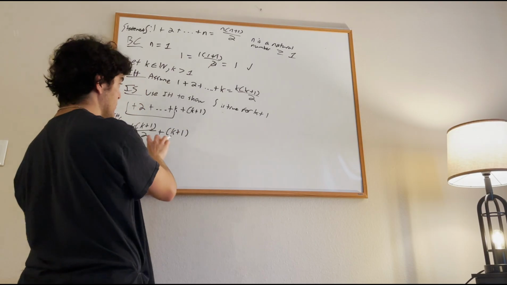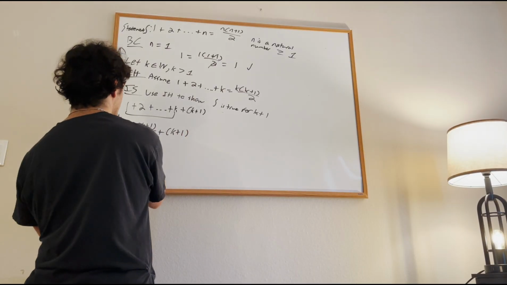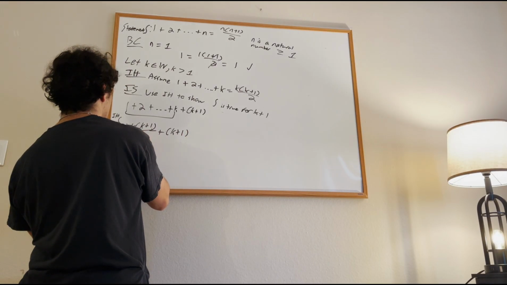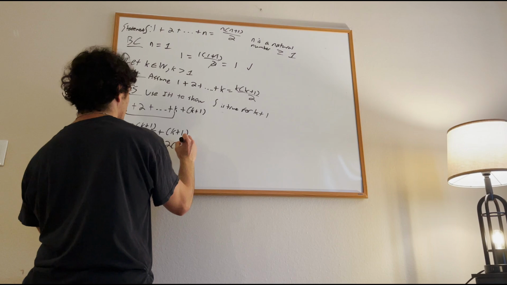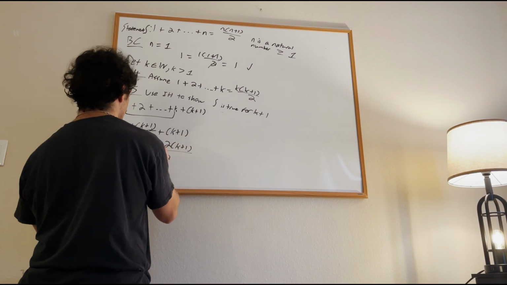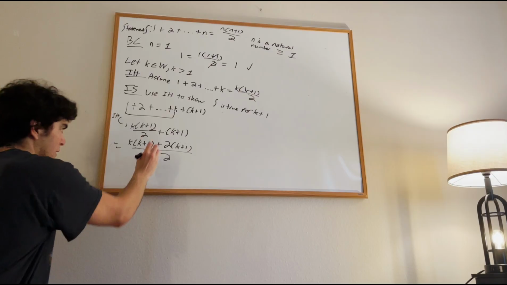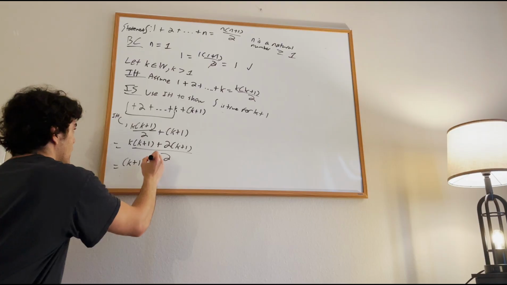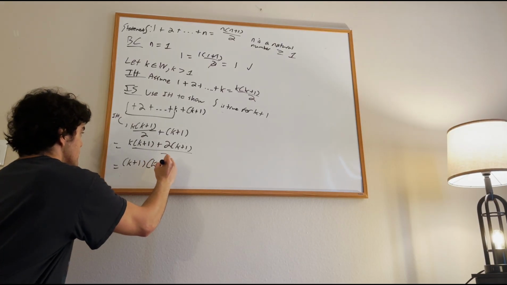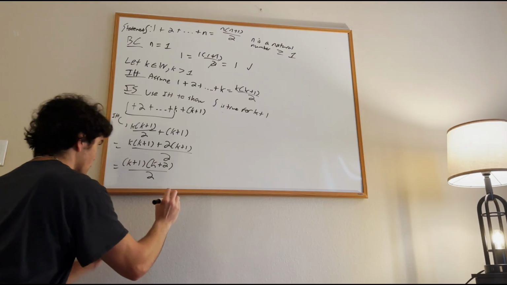Now we'll make a common denominator of 2. So this is all going to equal k(k+1) plus 2(k+1), all over 2. Now we can factor out a k plus 1 here, and we have (k+1) times (k+2), over 2.